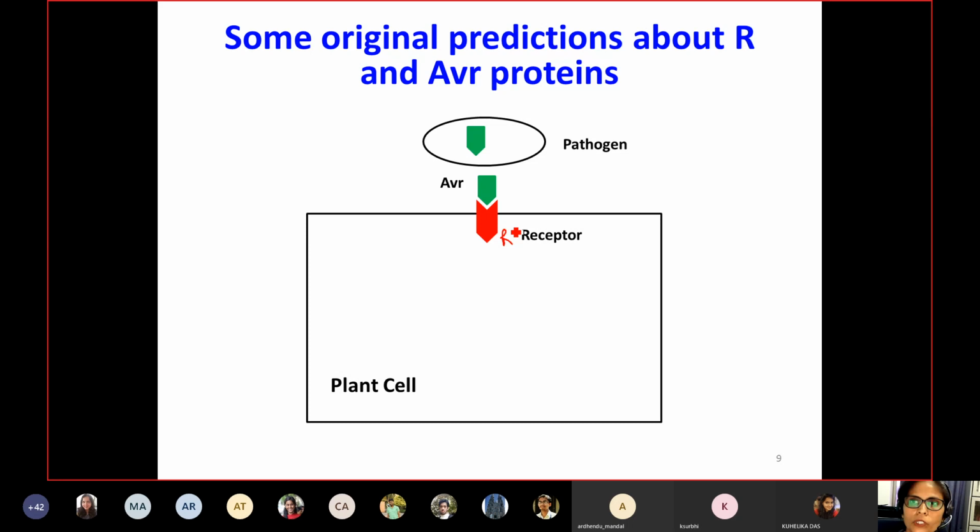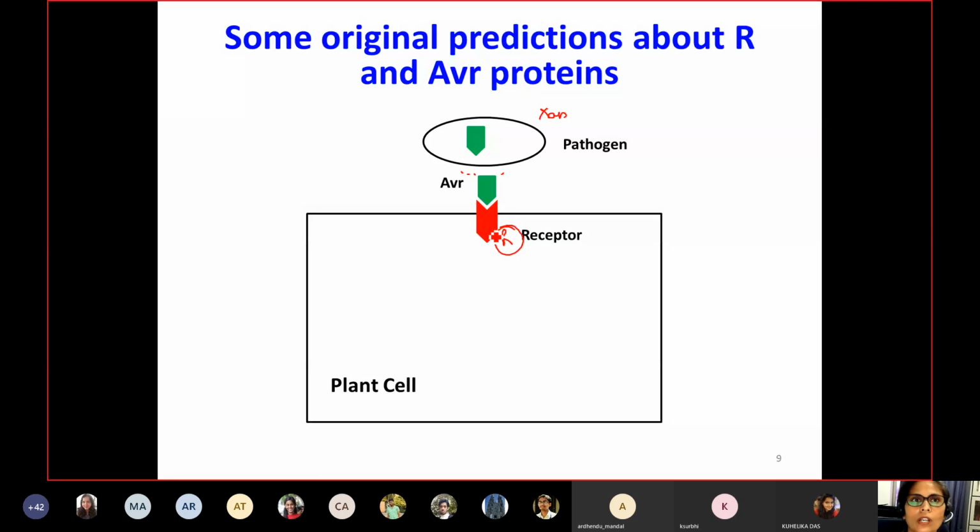From their original proposition, they thought that the pathogen, for example here Xanthomonas, produces this AVR protein, and this is secreted outside the membrane of Xanthomonas. Then this protein is cognately bound by a plant cell receptor system, which is present on the cell membrane of the plant cell.